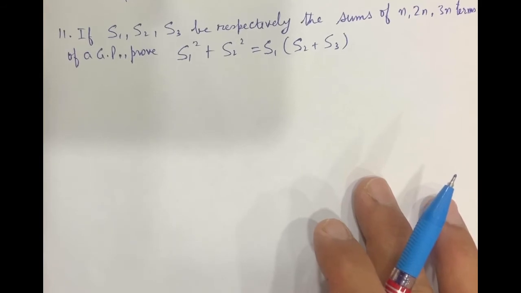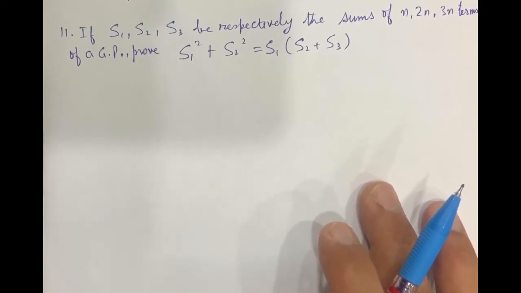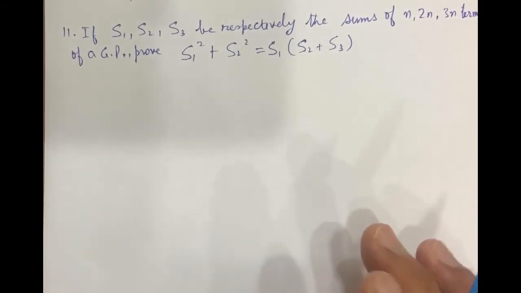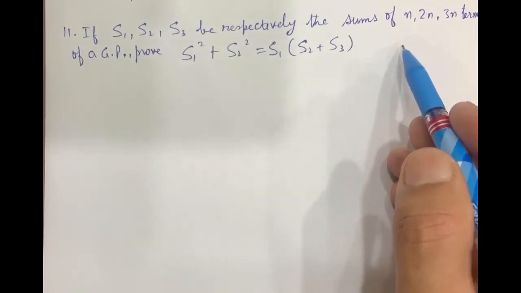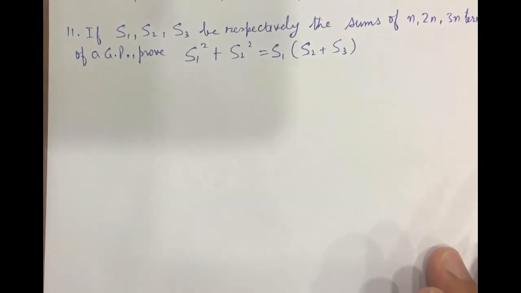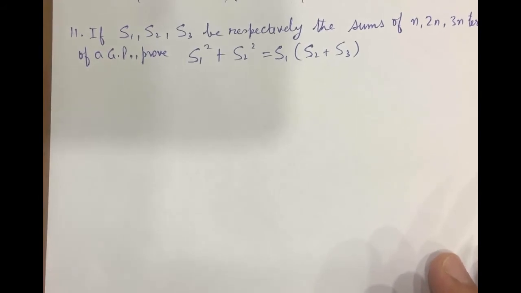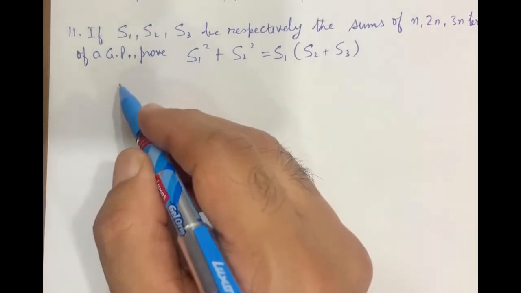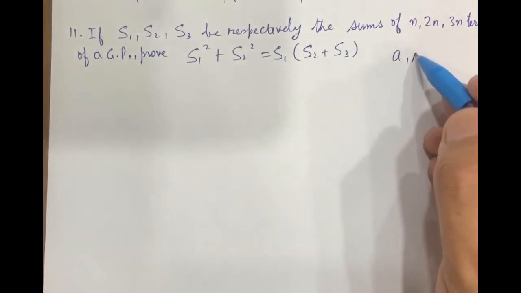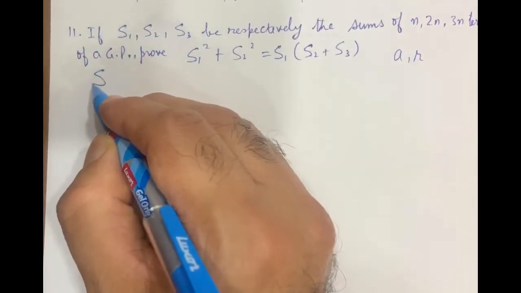The next one, we are given a GP, and S1, S2, S3 are the sums of n terms, 2n terms, 3n terms of that GP, and we have to prove this relation. So we assume first term is A, common ratio is R. So what is S1?